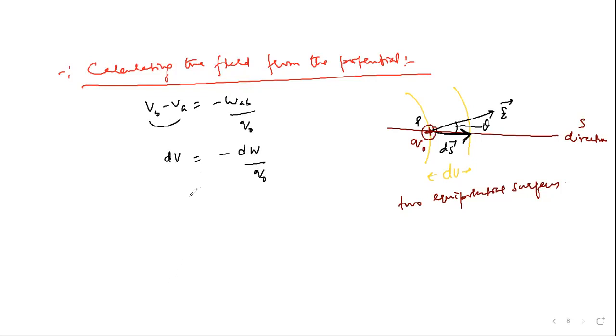So I can write dW is minus Q naught dV. I write it first because the two equipotential surfaces across which I am moving my test charge are differing in potential by amount dV, right?